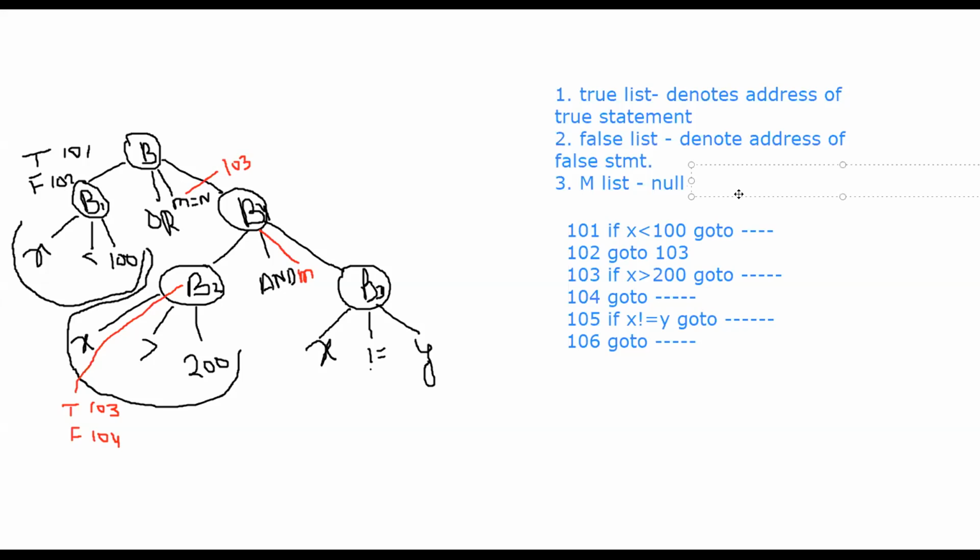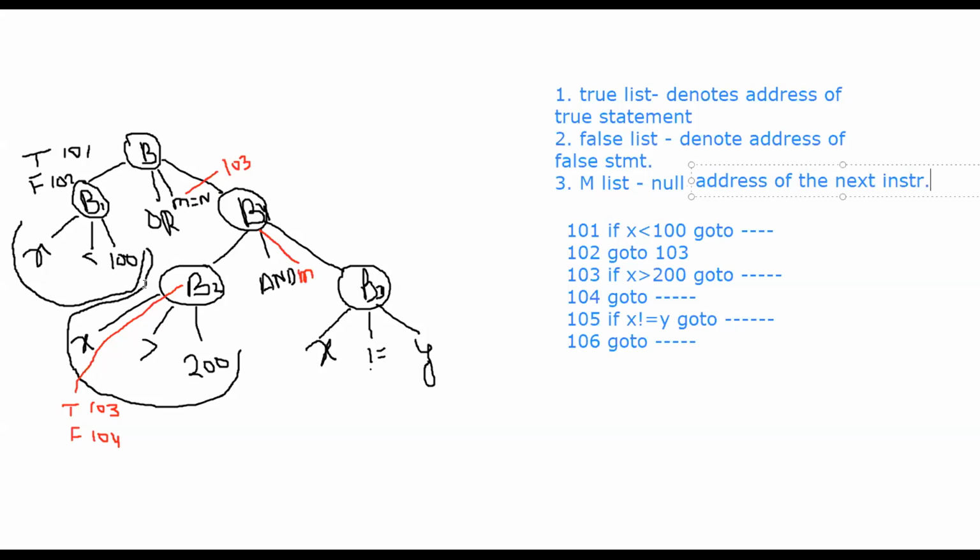The M list will contain the address of the next instruction, right? Address of the next instruction. Fine. So if B1 is false, what is the address of the next instruction? 103. So the M will contain 103 when it is an OR operation.